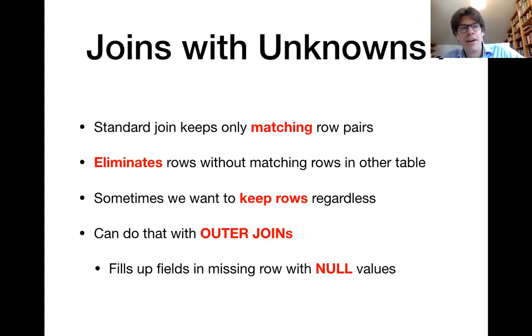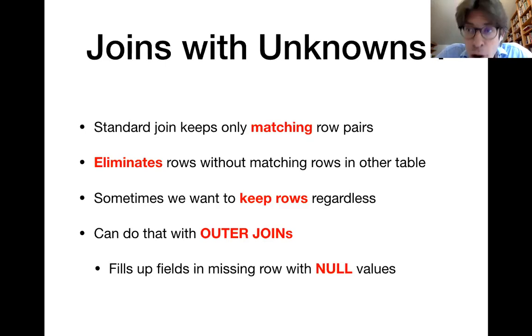For instance, we have seen the example where I'm pairing up the students with the enrollment information for the courses that they are enrolled in, and I'm always matching together those rows which have the same student ID.